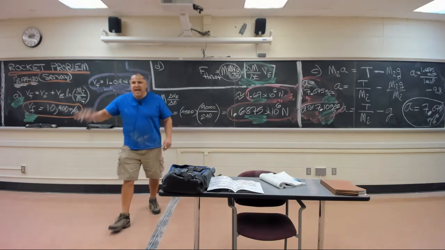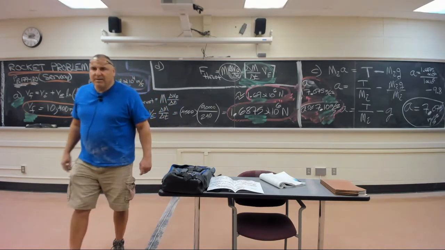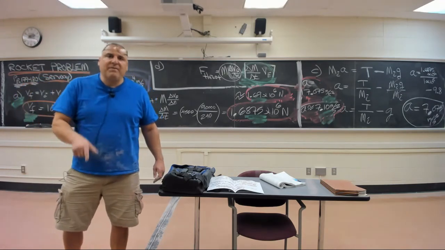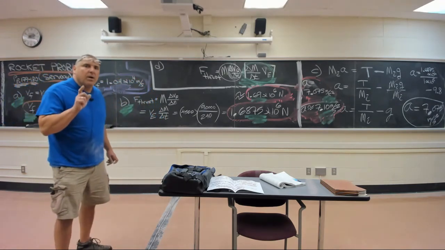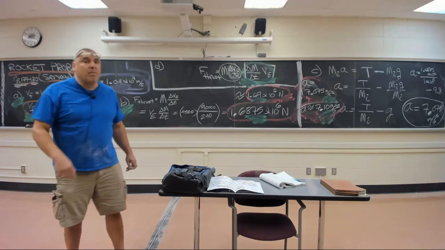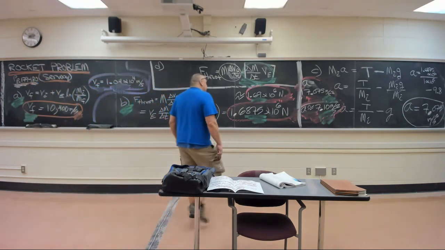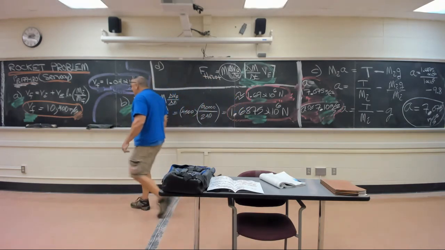That's what it would have attained if it didn't have gravity fighting it. Gravity's going to fight it for 4 minutes. That's the ticket. That's how we get out of there.